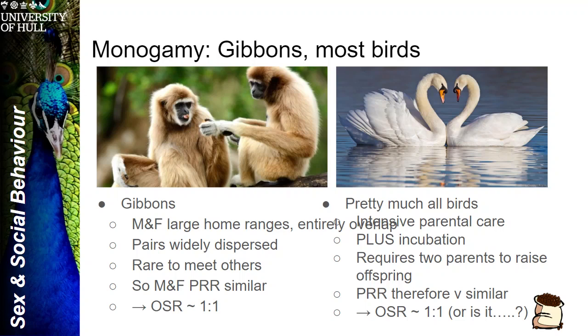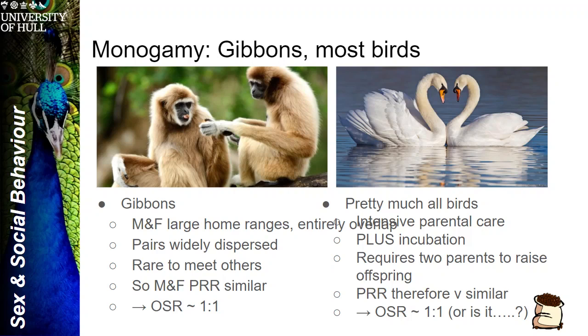So it pays them to stick with each other and invest in raising the offspring that they can produce, rather than seeking other mates. On the other hand, instead of being widely dispersed, you could also have a situation where it takes two individuals to raise any offspring at all. So lots of birds have intensive parental care. You have to incubate your eggs and you have to be off foraging to feed the offspring.